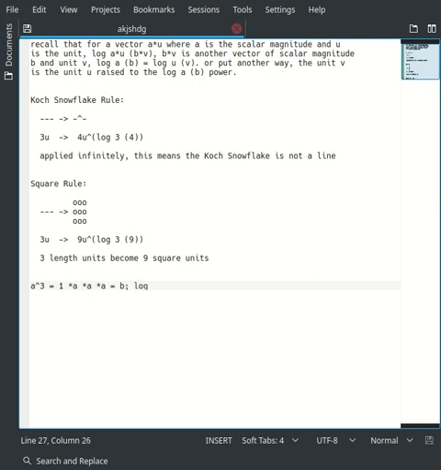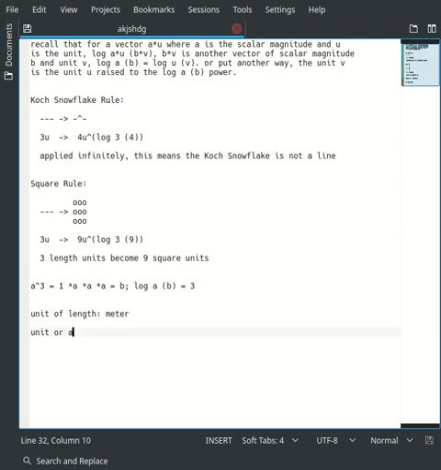So this old guy that I've been showing, right? So you've got a to the third is this, and we can call that b. So log base a of b is 3. It's the exponent, the number of dimensions, right? So a unit of length might be a meter.